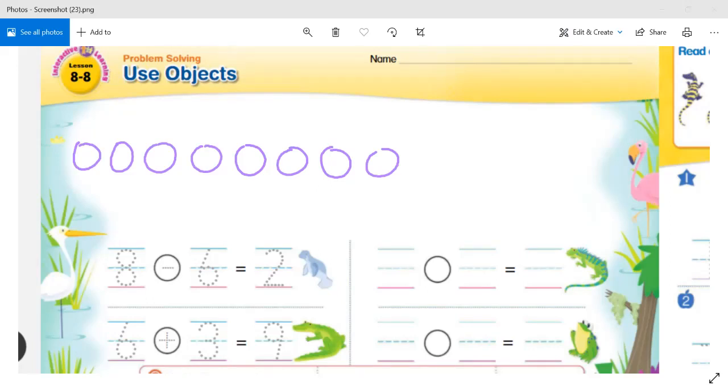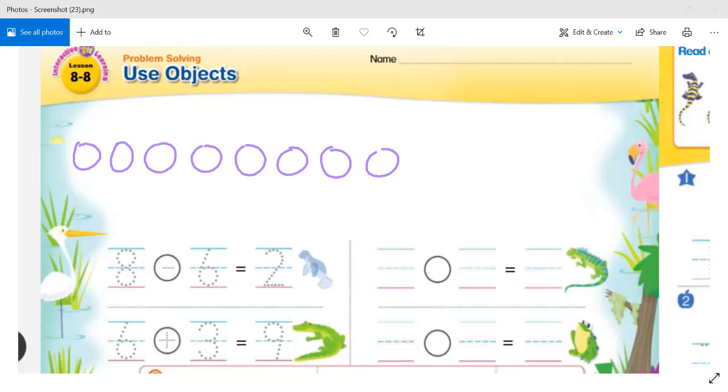Well, we said the manatees swim away, and we asked how many are left. So do we add or subtract to find out how many are left? We subtract.